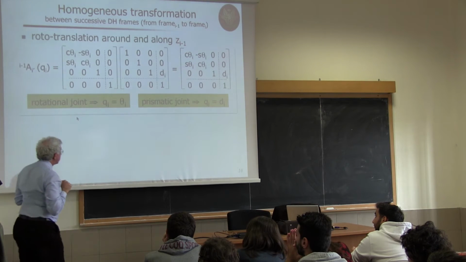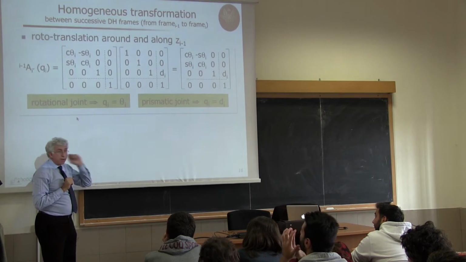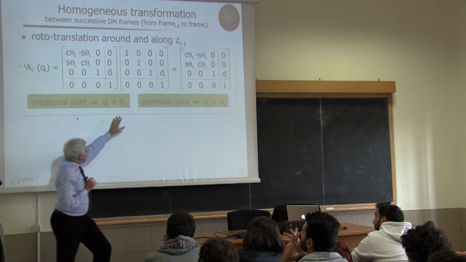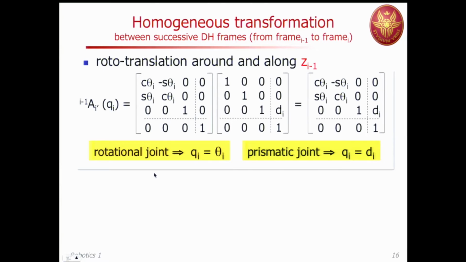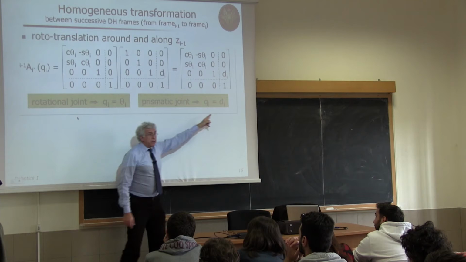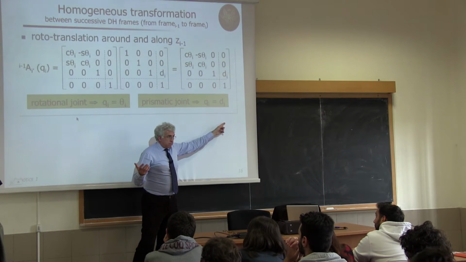And here is the change of notation, this is why I'm using q. So here we have theta_i and d_i. For a prismatic joint, d_i will be the joint variable, called q_i, and theta_i will be some constant. For a rotational or revolute joint, theta_i will be the joint variable q_i, and d_i will be a constant. Okay?